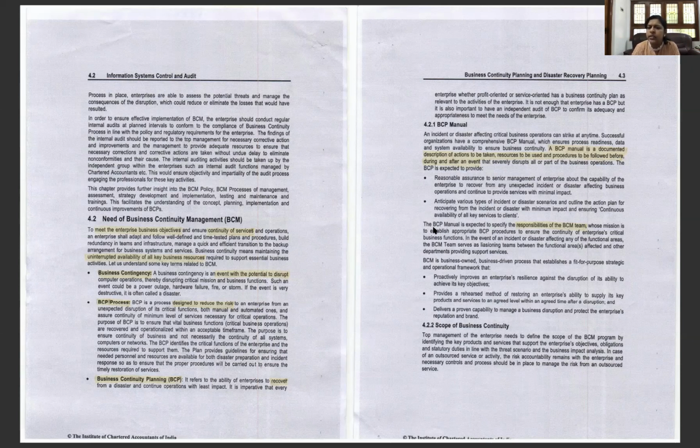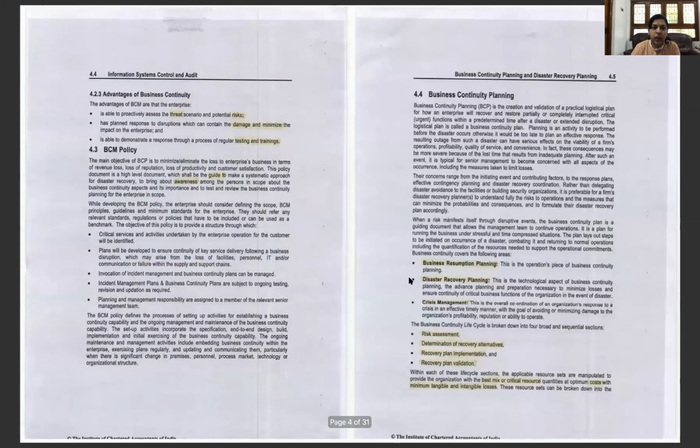So what does this deal with? What are the contents? It is expected to specify the responsibilities of the BCM team. So we have another new concept, which is the BCM team. There is going to be a BCM team and their responsibilities are going to be put in our BCP manual.